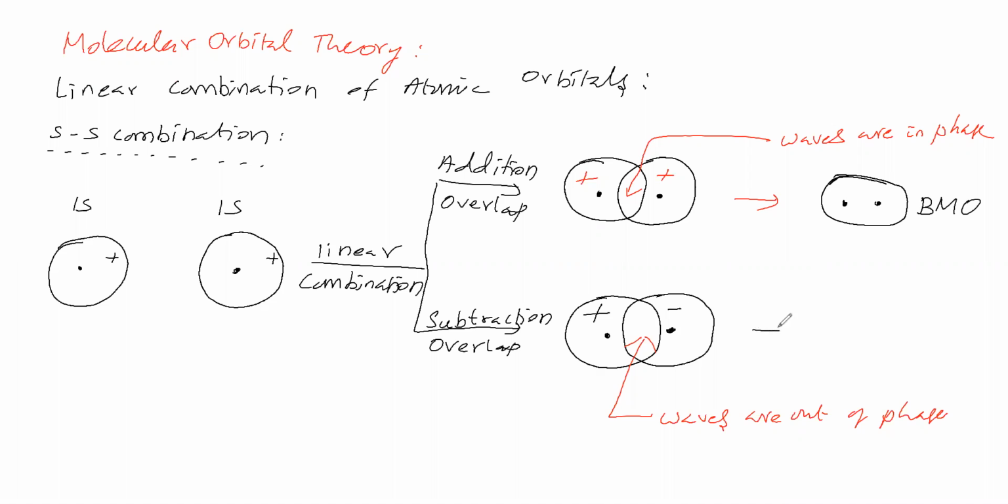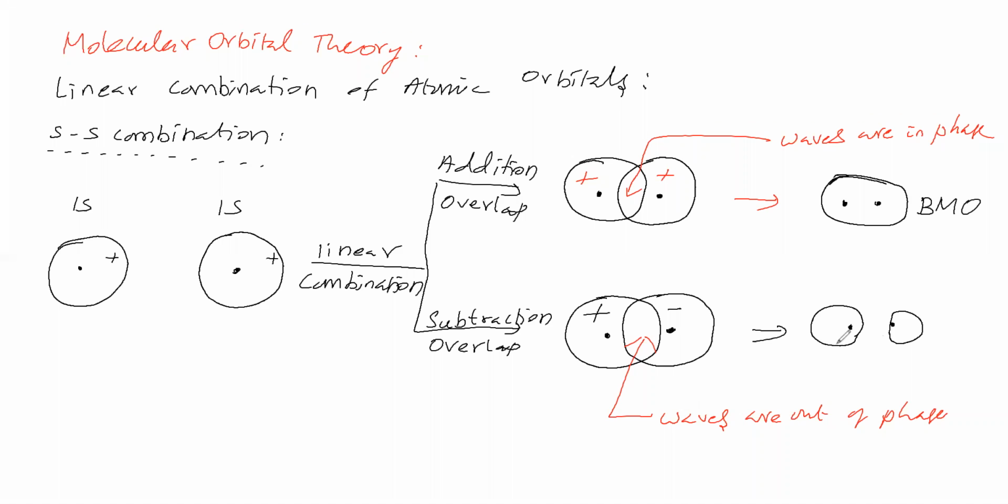So what about this? Here there is destruction. Destruction means it is not favorable for bonding. Here is one atom's nucleus and another atom's nucleus. This orbital is on this side, and this orbital is on this side.